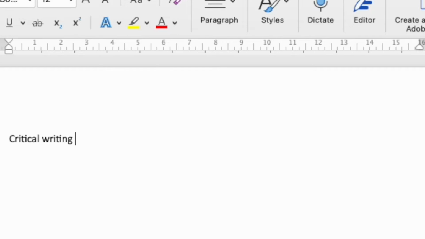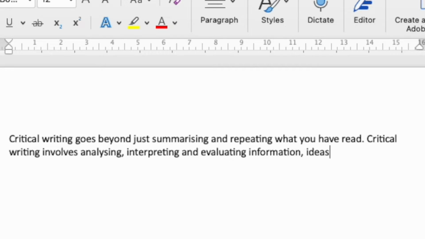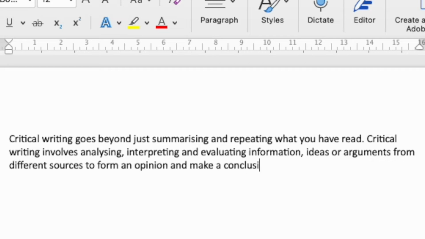Before we begin, let's define what we mean by critical writing. Well, critical writing goes beyond just summarizing and repeating what you've read. Critical writing involves analyzing, interpreting, and evaluating information, ideas, or arguments from different sources to form an opinion and make a conclusion. This means it requires you to engage with material and question assumptions, evaluate evidence, and consider alternative points of view.